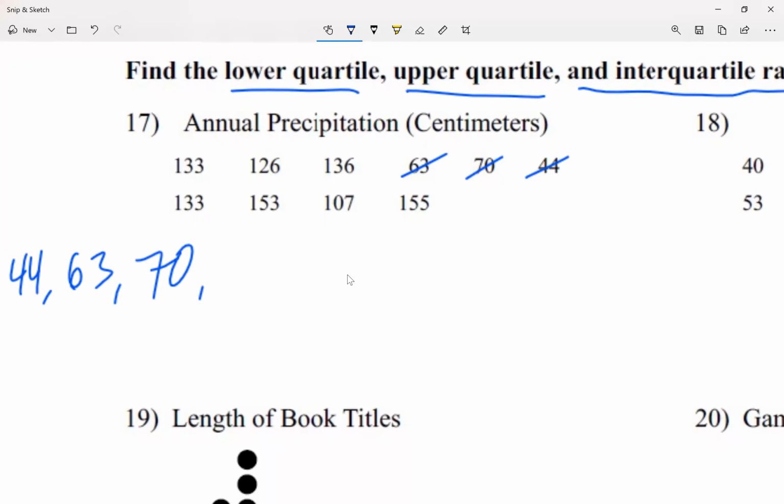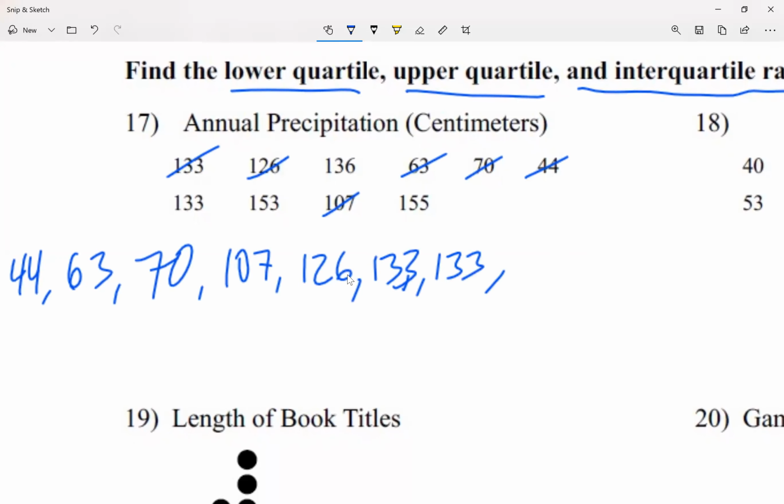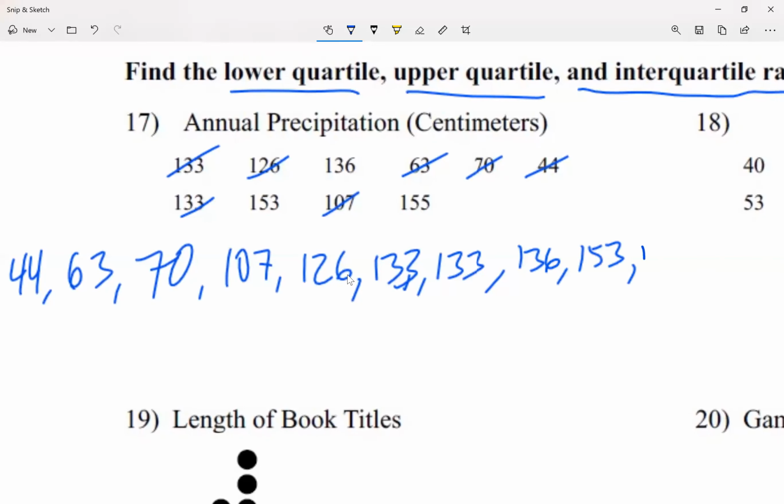So then I get to 107, 126, 133. I actually have 133 twice. Then 136, 153, and 155.